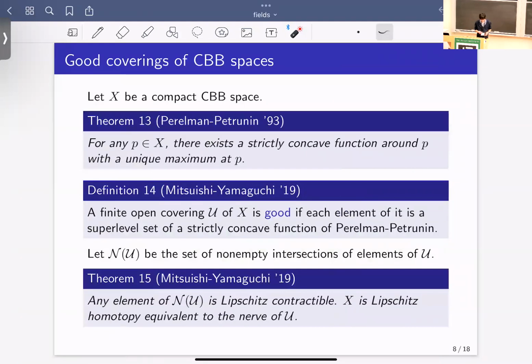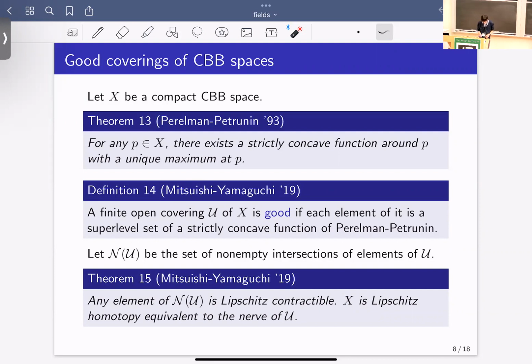To state our main theorem, we recall the notion of a good covering of a CBB space introduced by Mitsuishi and Yamaguchi. Let X be a compact CBB space, and we first recall the following theorem due to Perelman and Petrunin.